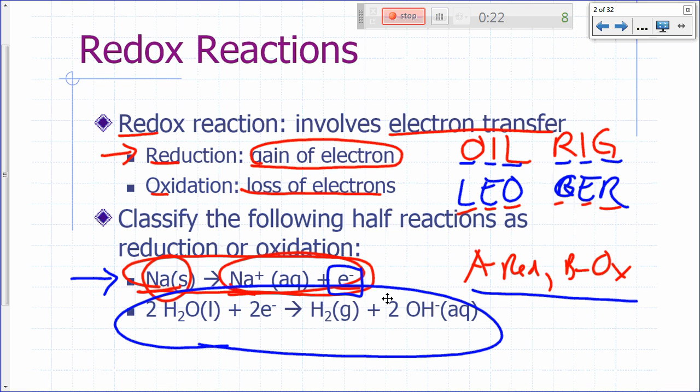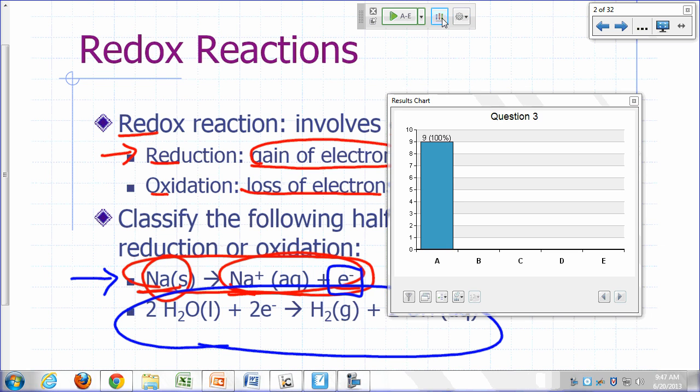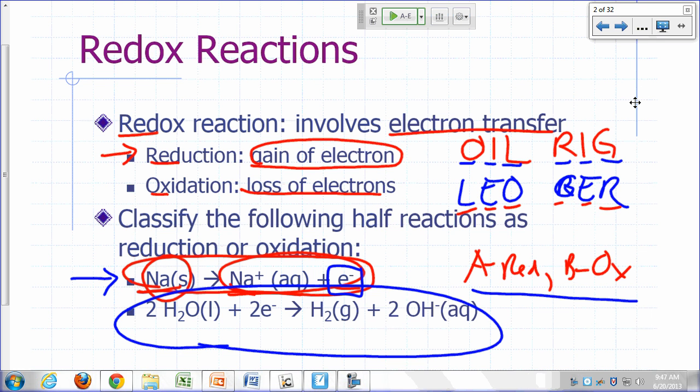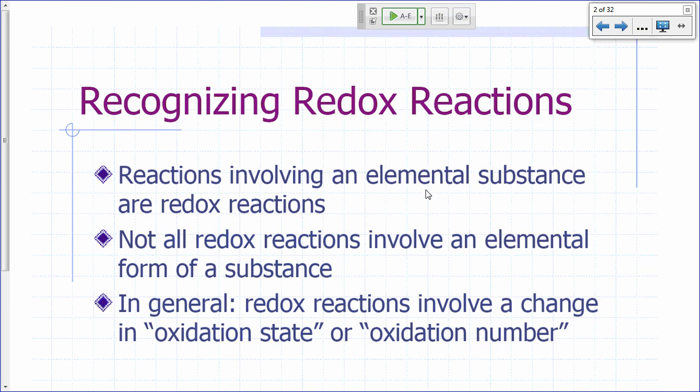Same choices. And that is reduction. Very good. So in reduction, electrons are on the left. In the oxidation half reaction, electrons are on the right.